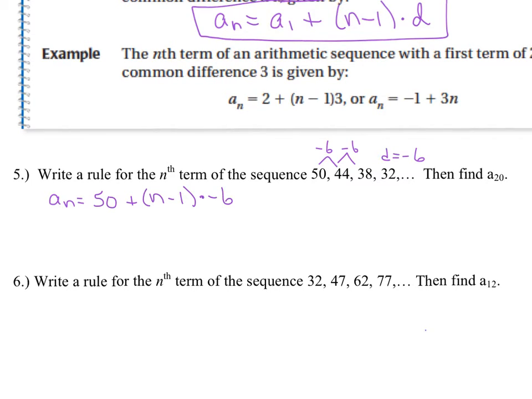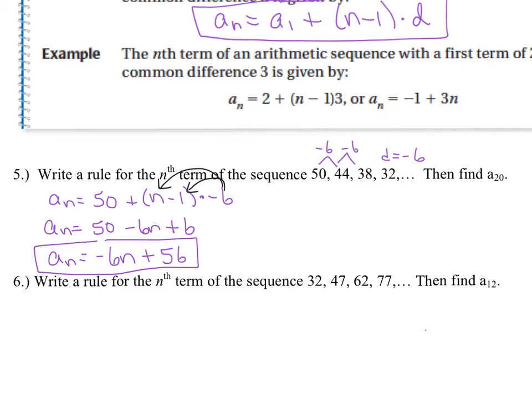I'm going to distribute the negative 6, and when you distribute that, you get negative 6n plus 6. Again, I just multiplied negative 6 times n, negative 6 times negative 1. And the last thing, I'm just going to combine my like terms. So you get a sub n in general is equal to negative 6n plus 56. So this is a rule for the nth term of the sequence.